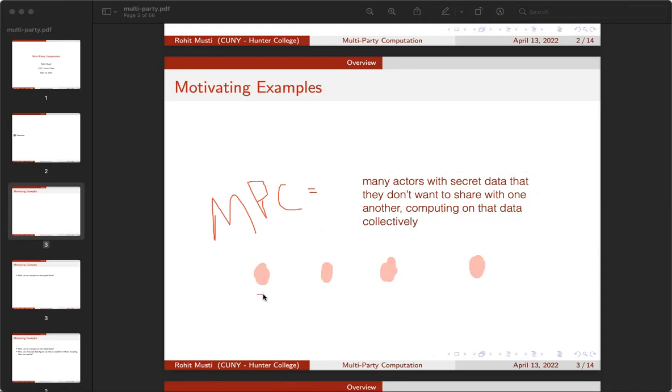Person 1 is pink, person 3 is pink, and person 4 is pink. And person 2, their favorite color is purple. What the group wants to do is share what the group's most common favorite color is, right? So what's the mode? What is the favorite color that the most people have?